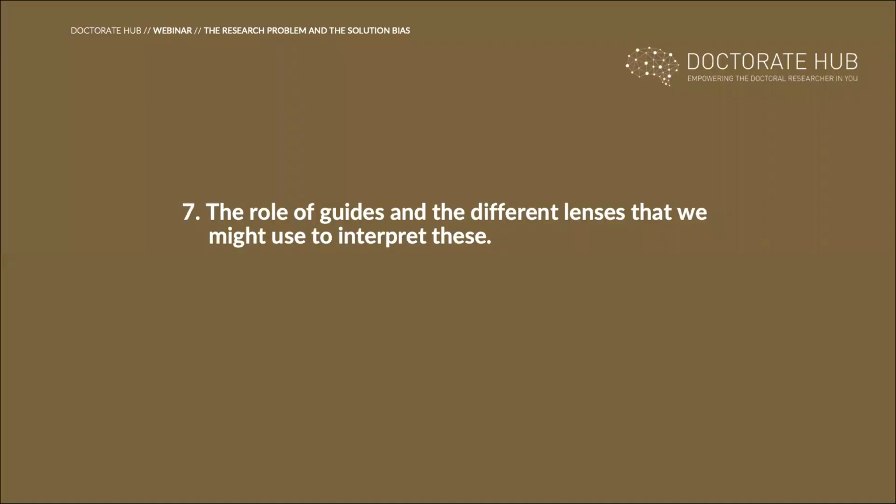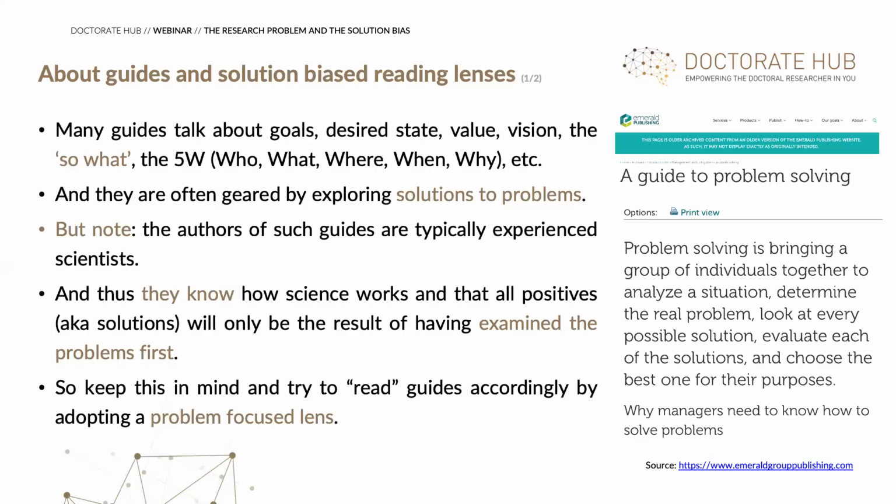Coming to the role of guides and the different lenses that we might use to interpret these. There are many guides that talk about goals, desired states, value, vision, and they are often geared towards exploring solutions to problems. It's again the solution versus the problem, which also means the lens that we adopt will very much decide how we read things.